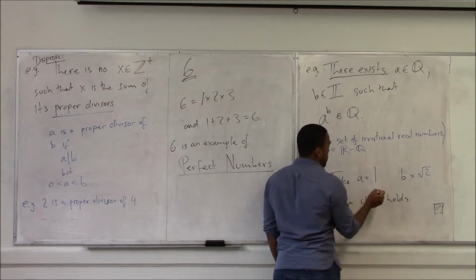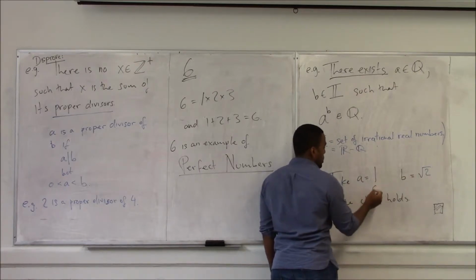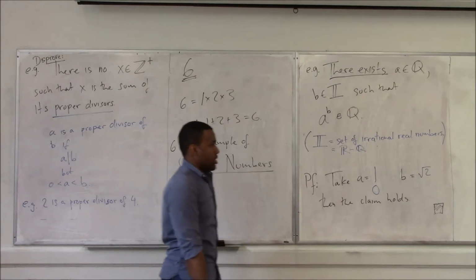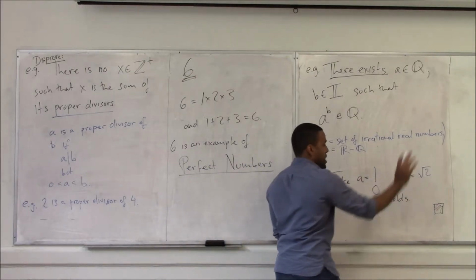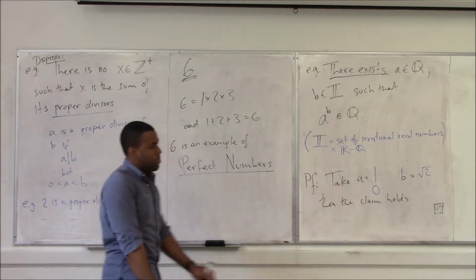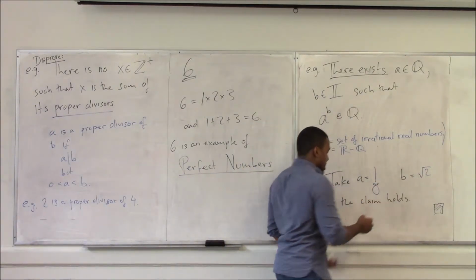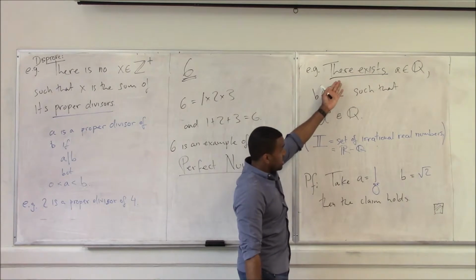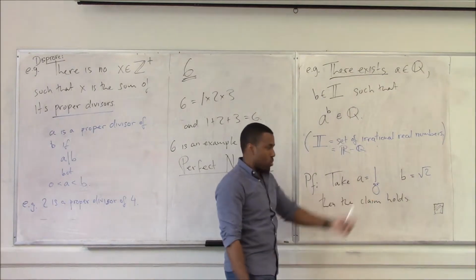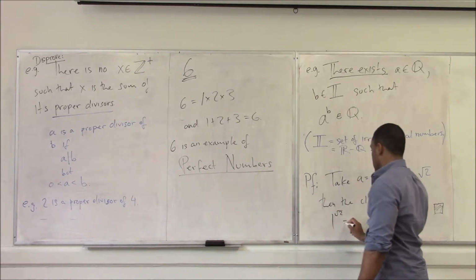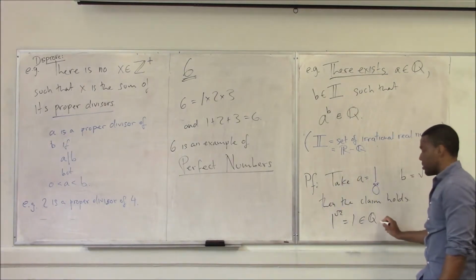You can use 1 to any power, or 0 to any. You can say a is 1 or 0, and b you can pretty much choose on a whim. And that is a proof of the claim. There exists such a thing because I just gave you one. 1 raised to the radical 2 is 1, and that is rational.